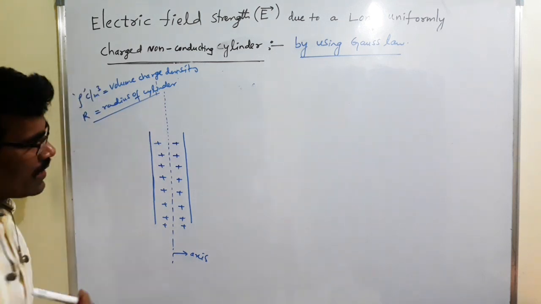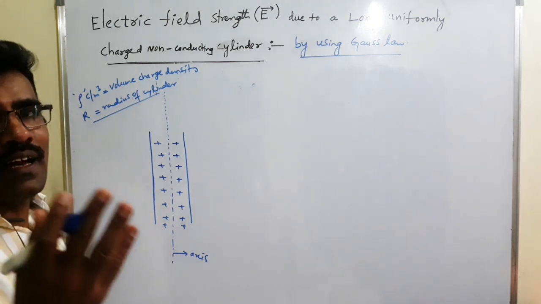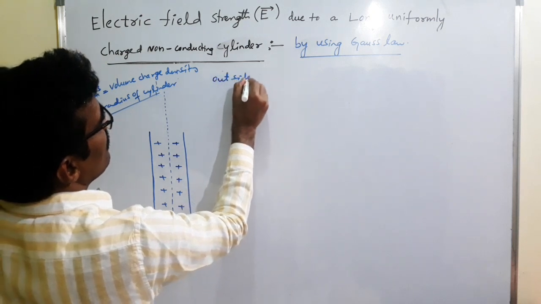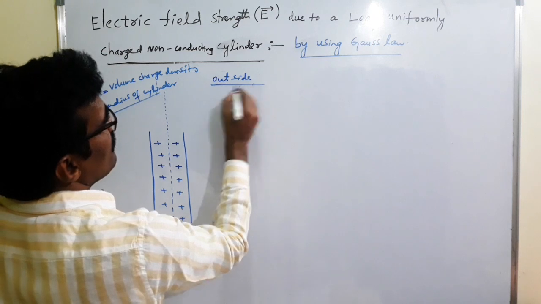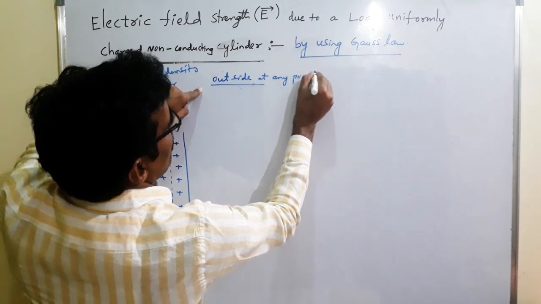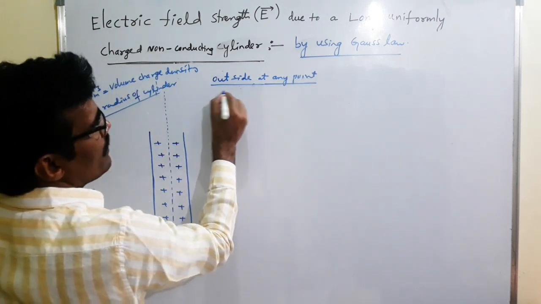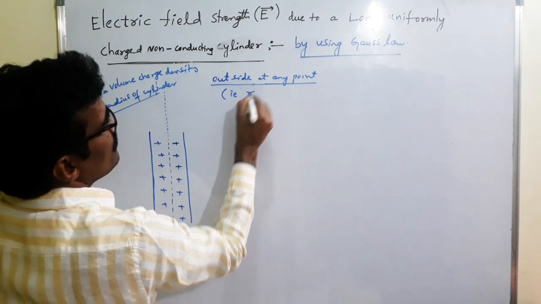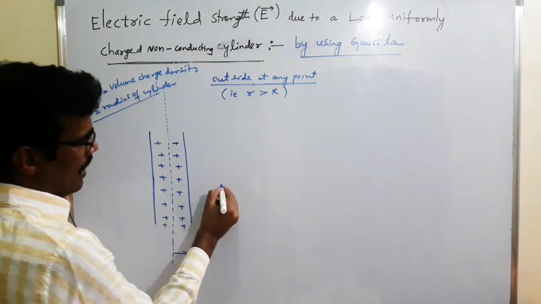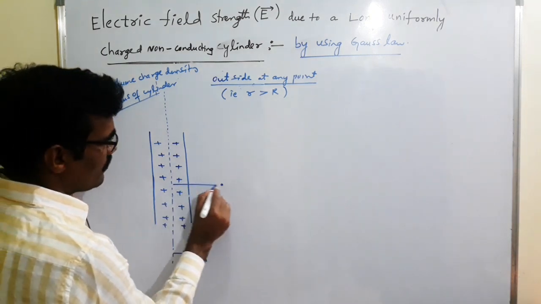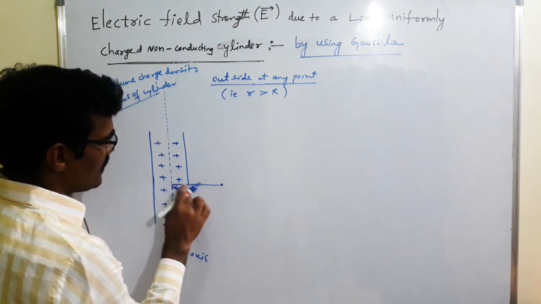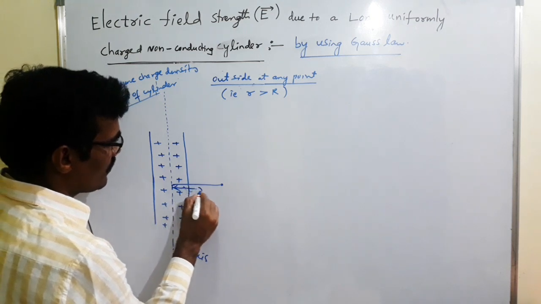First we want the field outside the cylinder. Outside the cylinder means outside at any point, that means small r is greater than capital R. I want the field at this point, at small r distance from the axis.